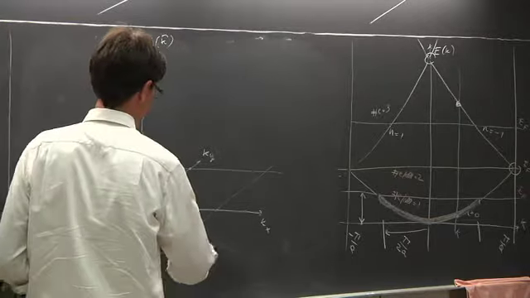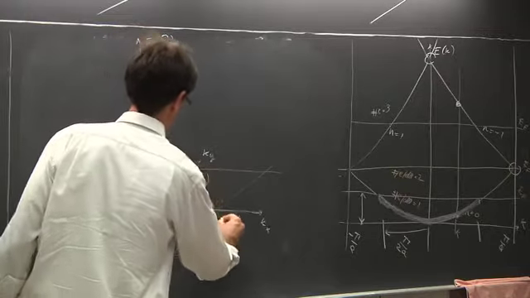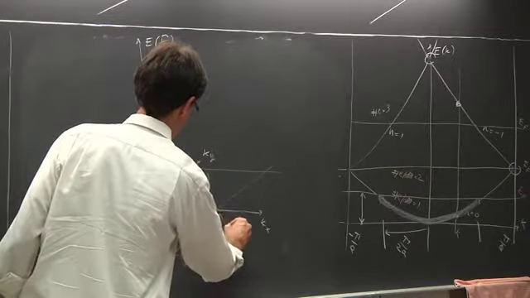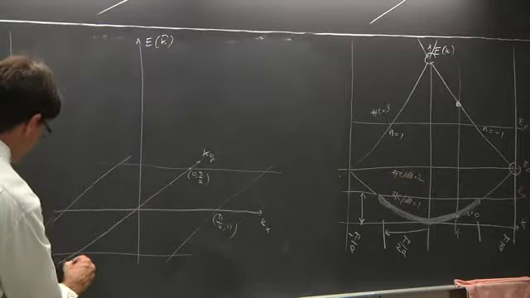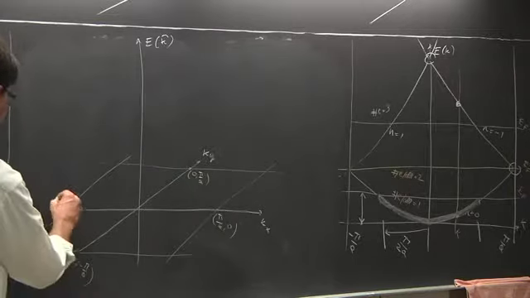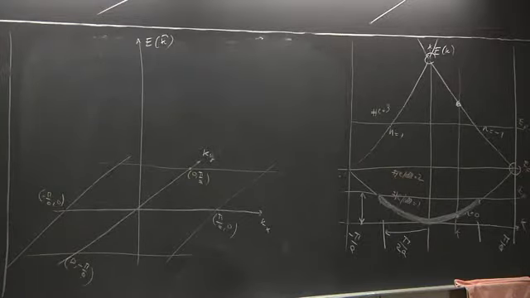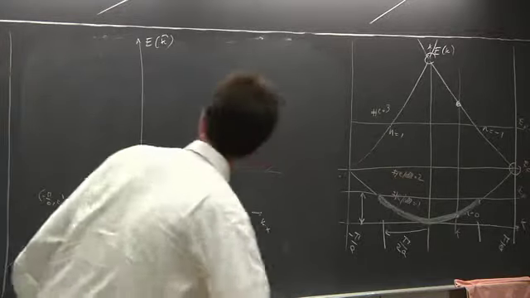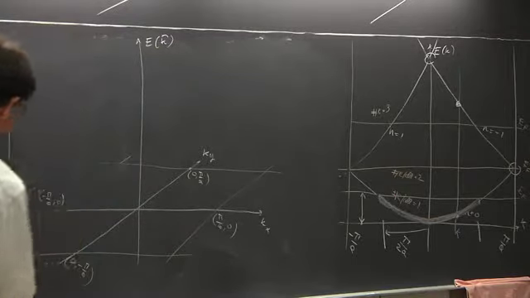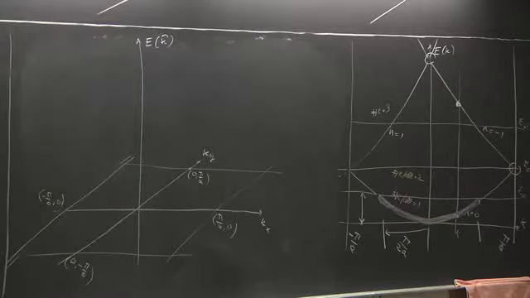So this is 0 pi over a. This is pi over a 0. This is 0 minus pi over a. And this is minus pi over a 0, right? It's a square. Hopefully it looks like a square. Sorry, this is a bit odd. More like this. So it's a plane, and the Brillouin zone is a square.